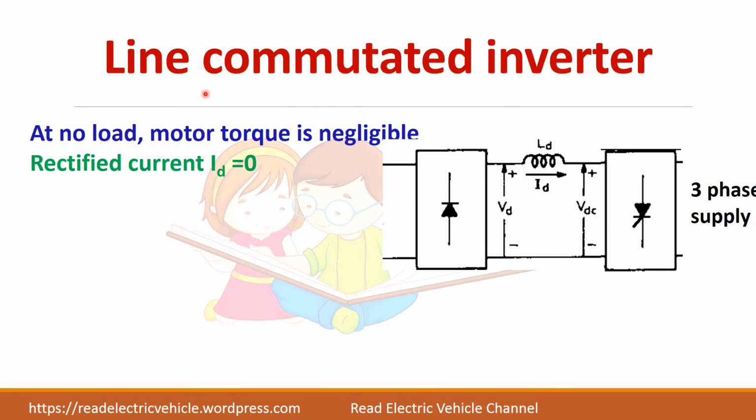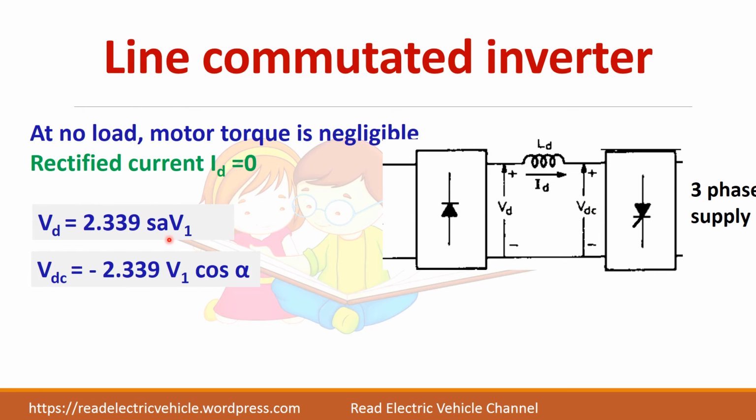First we are assuming that there is no load in the circuit. So when there is no load, torque is 0, or the rectified DC current is 0. If this current is 0, this voltage and this voltage remain the same. So VD we have already calculated, VDC also calculated.